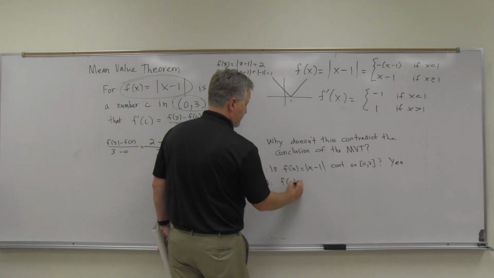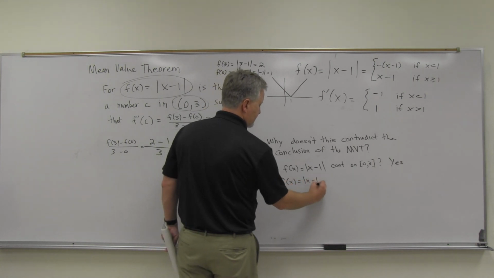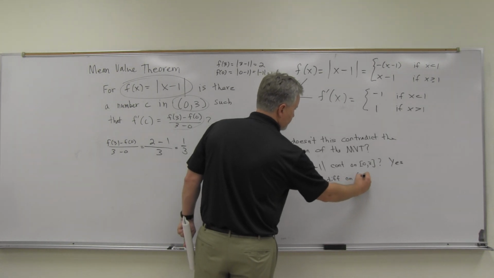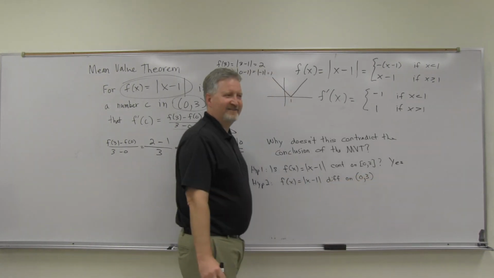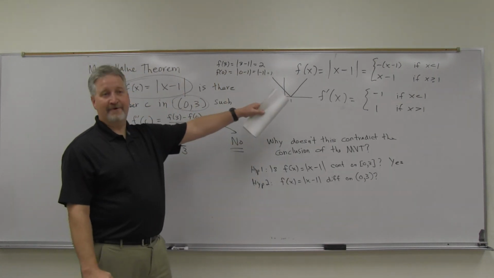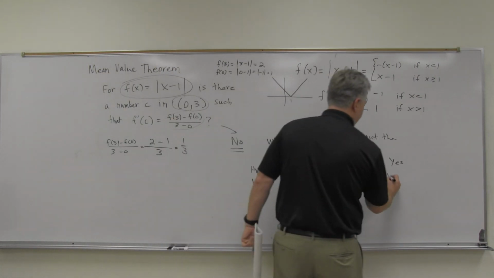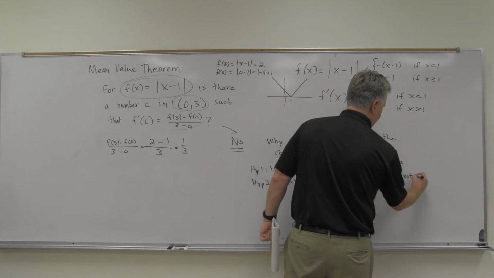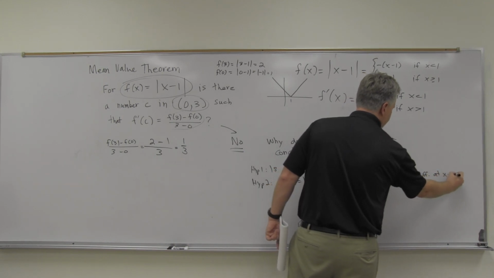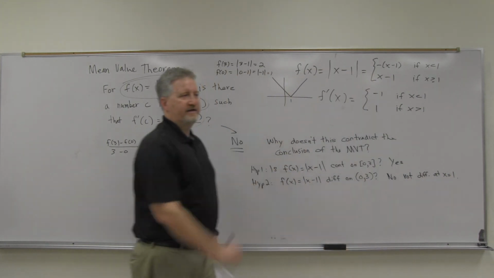F of x equals absolute value of x minus 1. Differentiable on 0, 3? Well, I gave it away just a second ago. Nope. Why not? You got a corner. It's not differentiable at x equals 1.